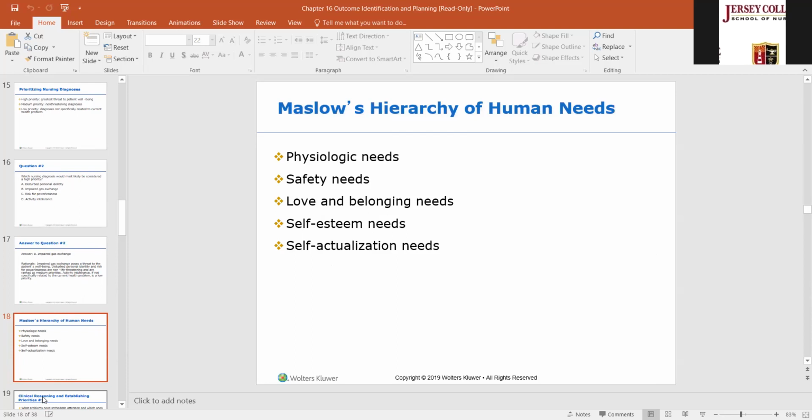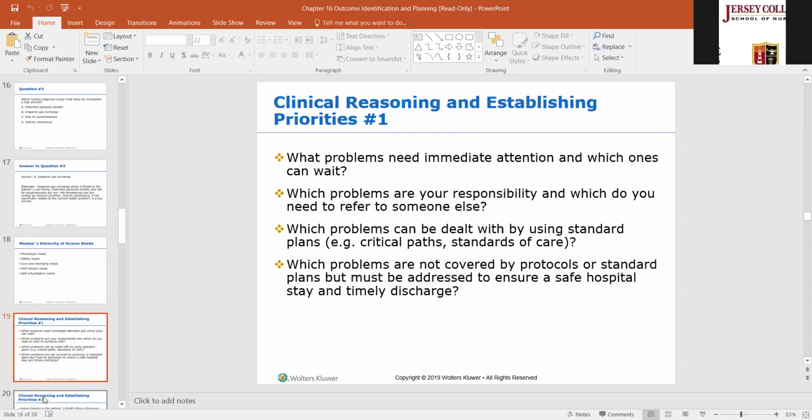You're growing towards being more professional. Self-esteem is when our image, our body image and stuff is affected. Love and belonging, our family needs. We need to feel part of a family. And safety, we're worried about falls. Physiological: air, water, nutrition.